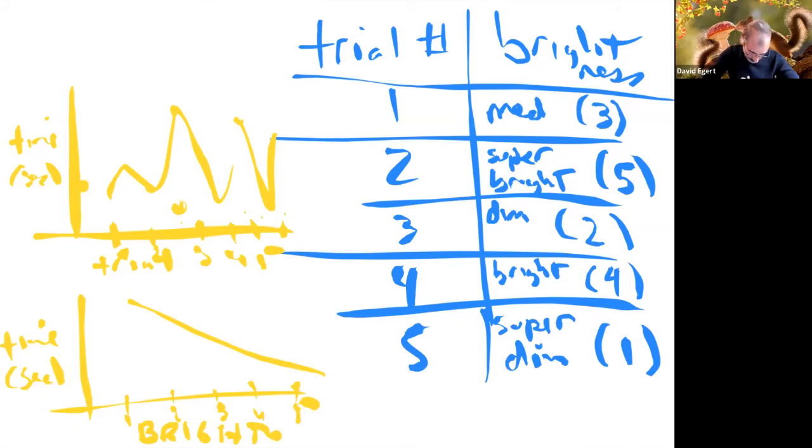But if we look at brightness, irrespective of trial number, we see a real effect, right? So this is a really important thing in experimental design: to try to dissociate different variables so you can know definitively which variable is actually important and which one is not.